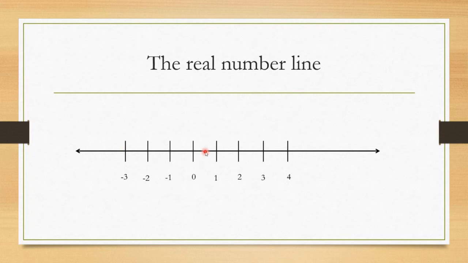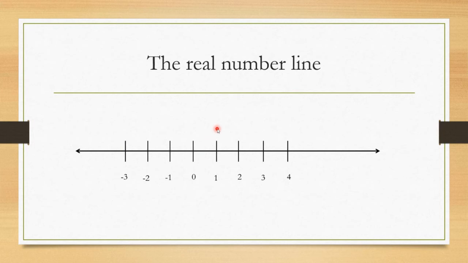So like halfway between 0 and 1 would be the number 1/2. On the other side, it would be -1/2. If you go a quarter of the way between 0 and 1, you would have 1/4, 0.25, and so on and so forth.